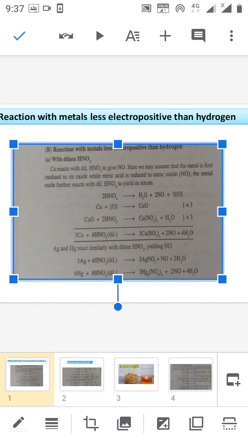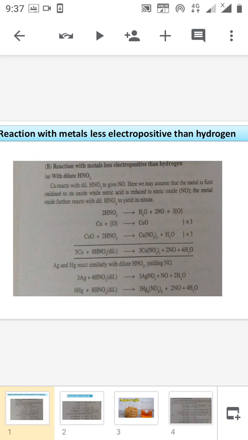So this nascent oxygen reacts with copper to form copper oxide. Again the copper oxide reacts with nitric acid to form copper nitrate. Please remember the first reaction, the decomposition of nitric acid, is common in every reaction.